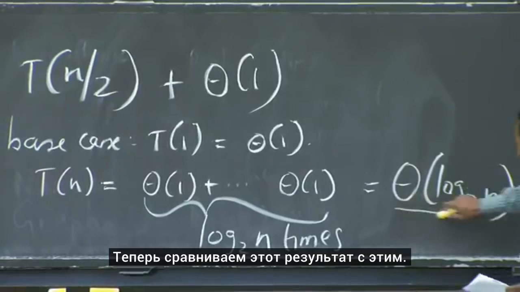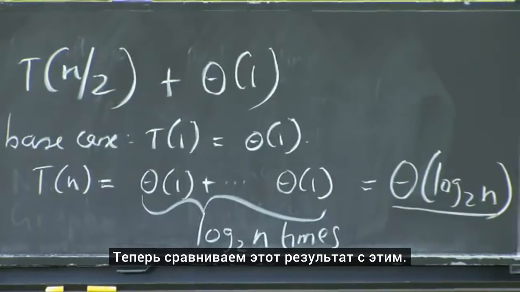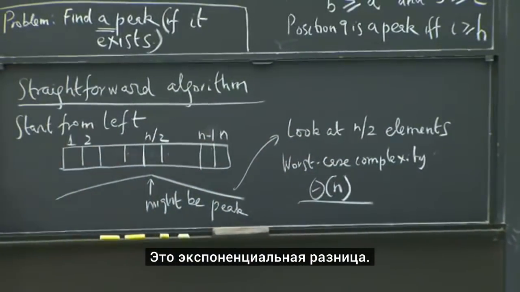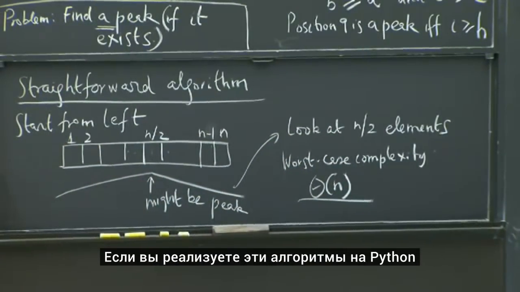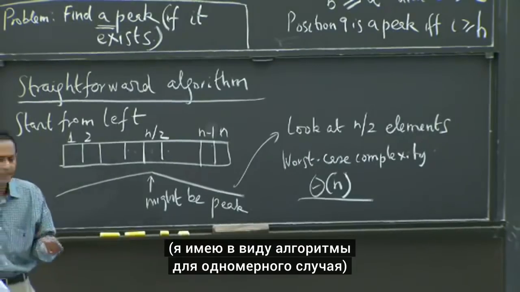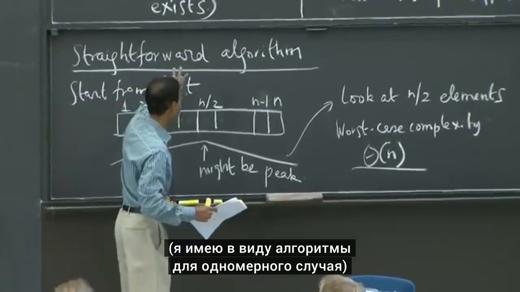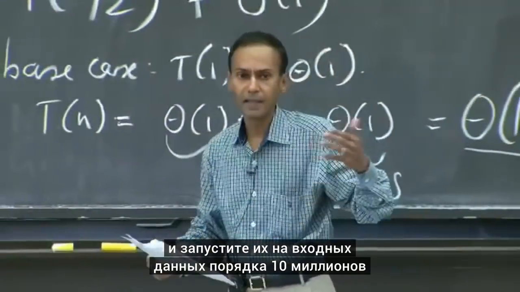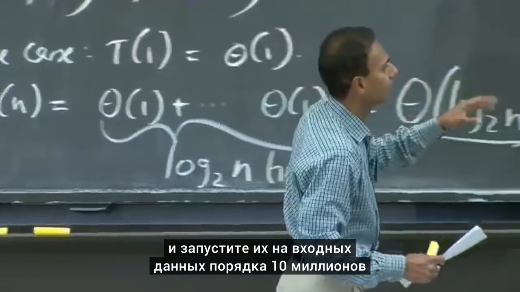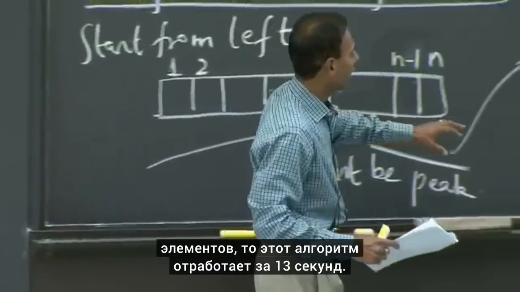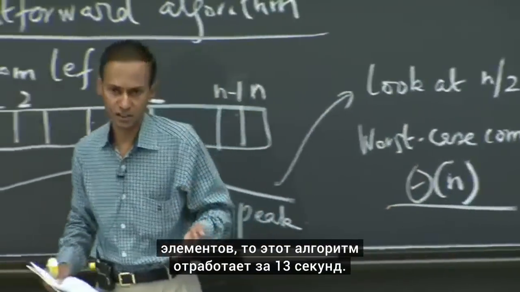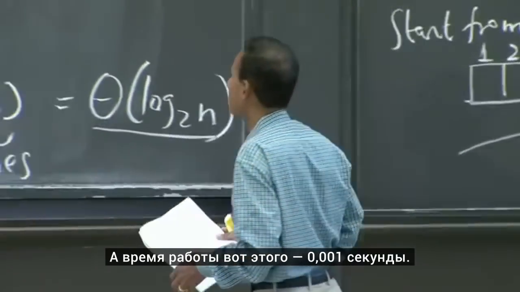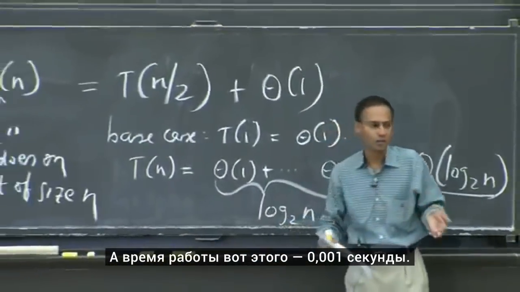So now you compare this with that, and there's really a huge difference. There's an exponential difference. If you coded up this algorithm in Python, and I did both these algorithms for the 1D version, and if you run it on n being 10 million or so, then the theta n algorithm takes 13 seconds, and this one takes 0.001 seconds.